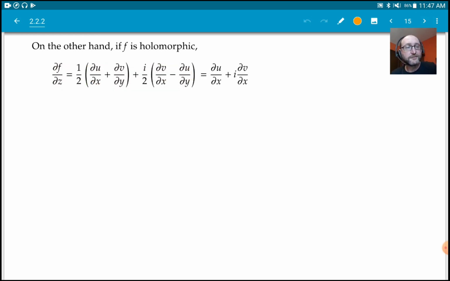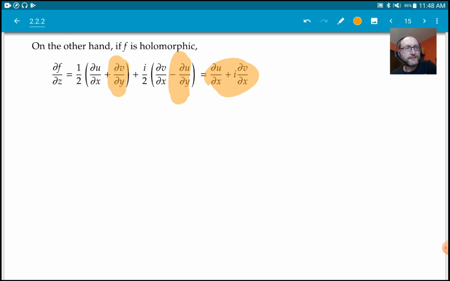Then I can use the Cauchy-Riemann equations. Now, it doesn't tell me that this is 0, but I can replace this with du dx, and I can replace this with minus dv dx, right? So I have this guy, right?